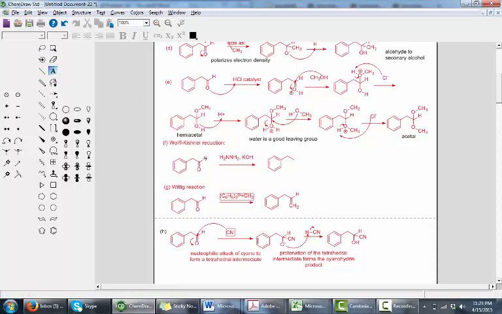So now I have 1 H on that carbon here. When I treat this with Wolff-Kishner conditions, I replace the carbonyl oxygen with 2 H's for a total of 3 protons now on that carbon. So a saturated carbon from the carbonyl reactant.